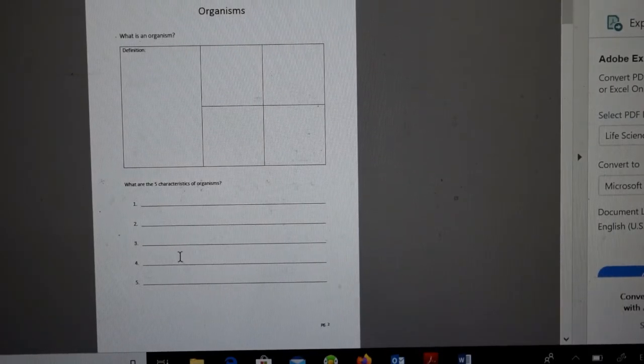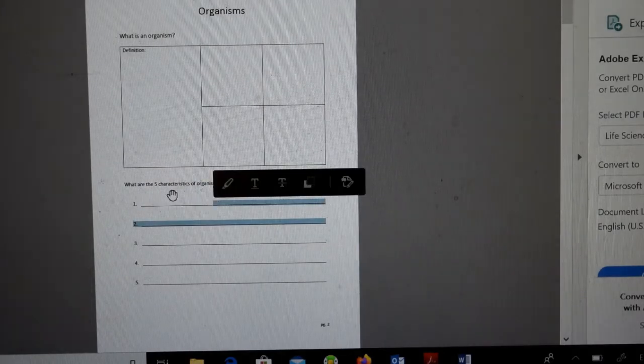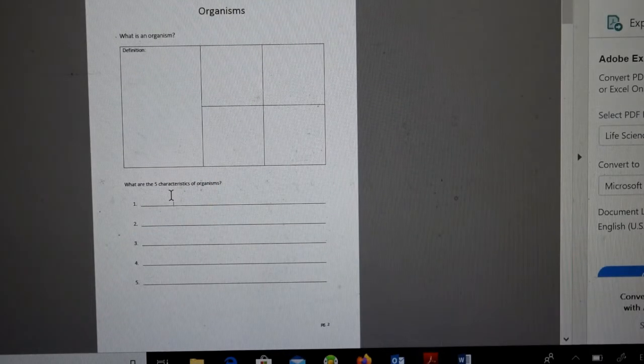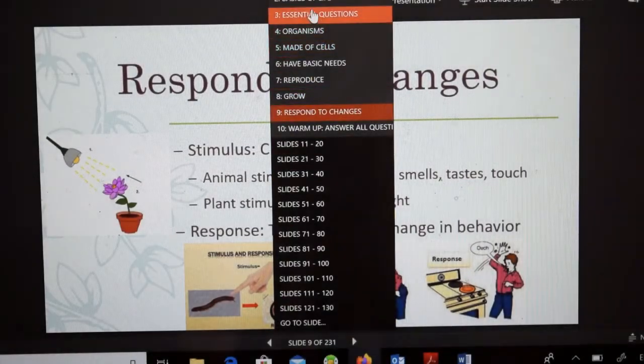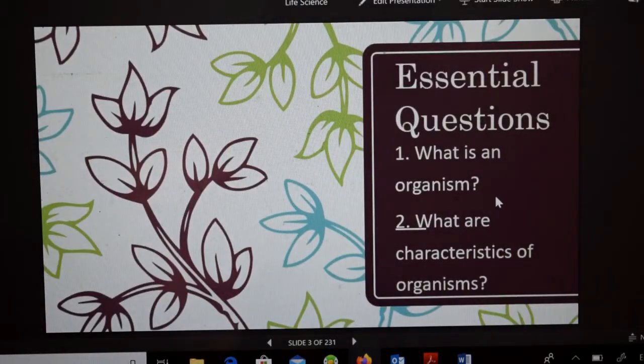And then this one is they grow, reproduce, have basic needs. And the last one here is, or the first one here was they are made up of cells. So if we go back and answer our first 2 questions here, what is an organism?